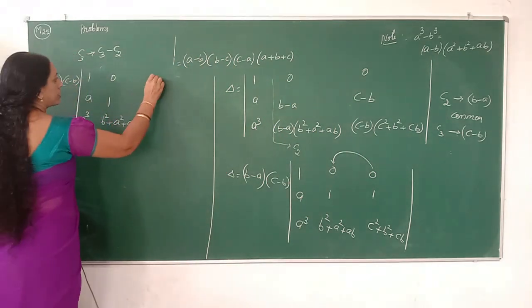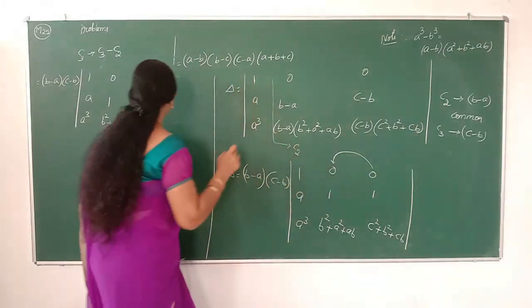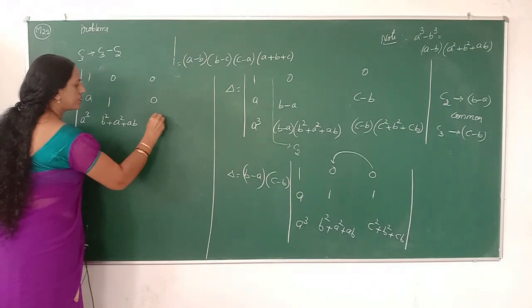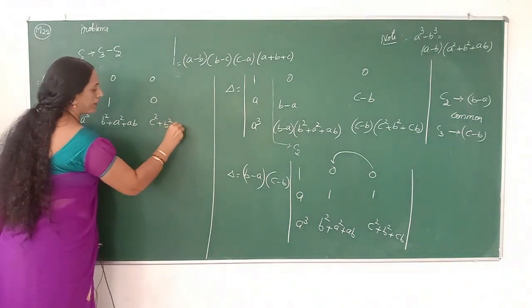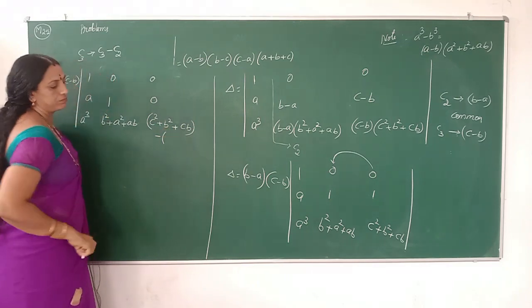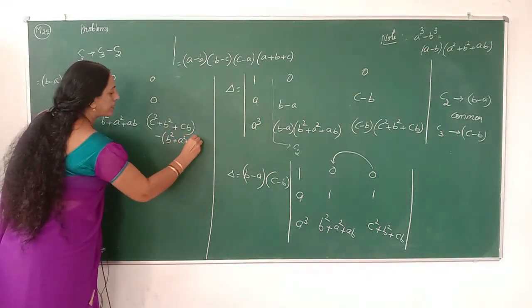The elements of the third column are subtracted with the corresponding elements of the second column. The first element is 0 minus 0, which is 0. The second element, 1 minus 1, is 0, and the third element is c square plus b square plus cb minus (b square plus a square plus ab).